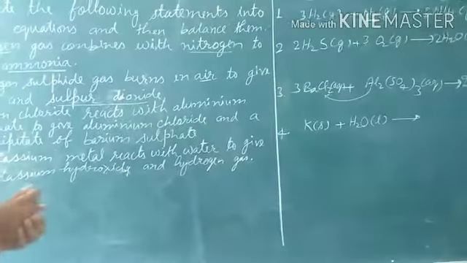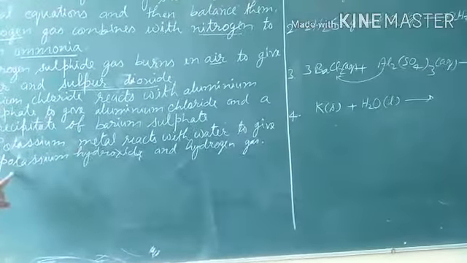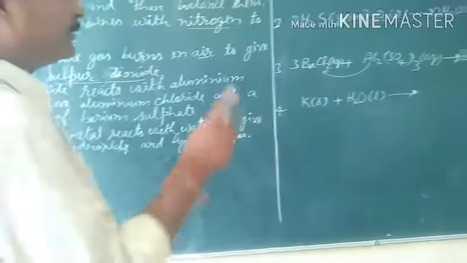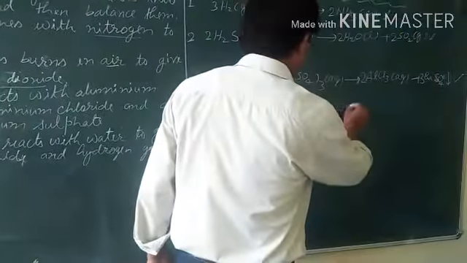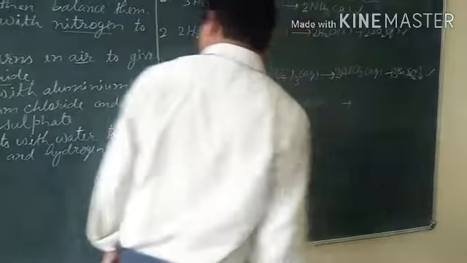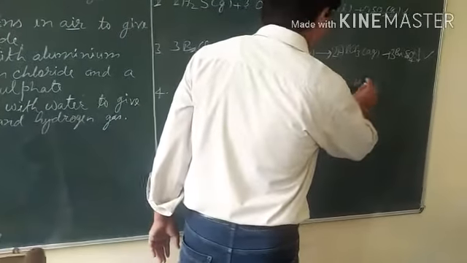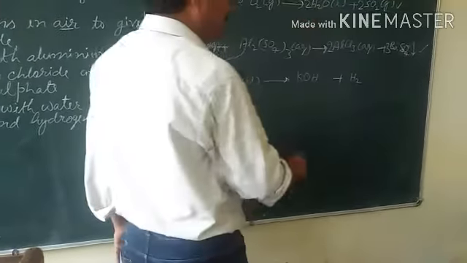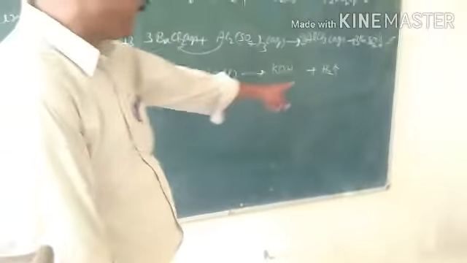After that, the products. According to this question, potassium hydroxide. The formula of potassium hydroxide is KOH. The second product is hydrogen gas. The formula of hydrogen gas is H2. This symbol is used for gas.